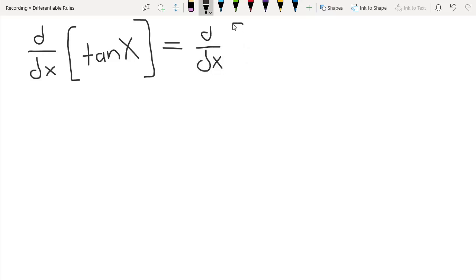And then tangent of x can be rewritten as sine of x over cosine of x. Actually, I'll write it in colors so it's easier to differentiate between them. Sine of x over cosine of x.